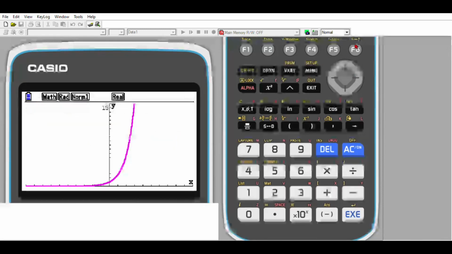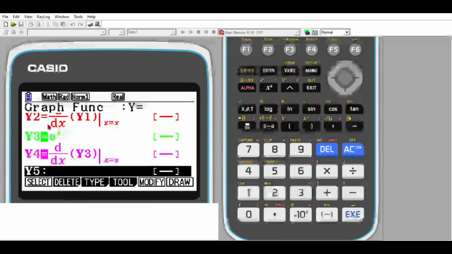So we get the green function and the purple function there, right? So you see that both functions are exactly the same in this case. That means that the function e to the power of x and its derivative are the same function. Okay, they are exactly the same function. That means that the derivative of e to the power of x is e to the power of x.